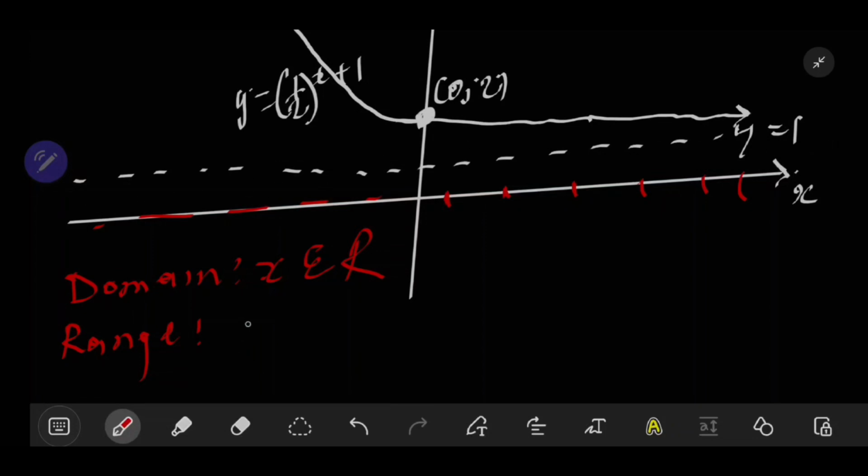So we know that y is an element of real numbers, but our y value must never be equal to the asymptote. We can say y is an element of real numbers, but y must never be equal to 1.